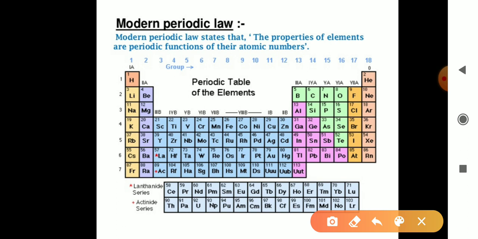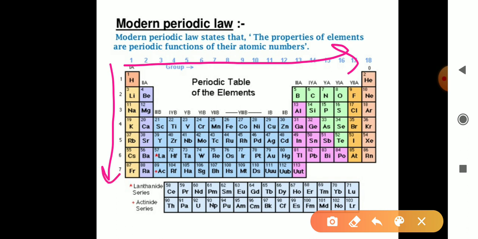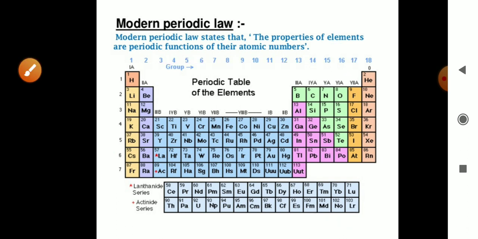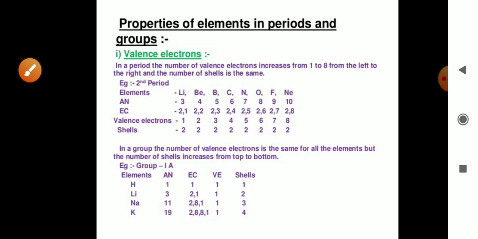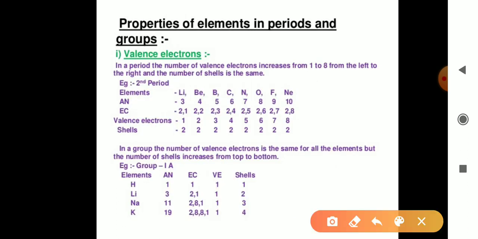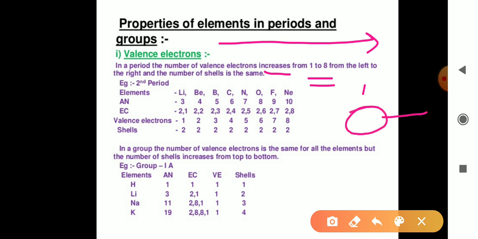Left to right, these are the groups, and from top to bottom these are the periods. In a period the number of valence electrons increases from left to right, from 1 to 8. At the left side in the first group there is one valence electron, and as we move to the right side the valence electrons are 8.